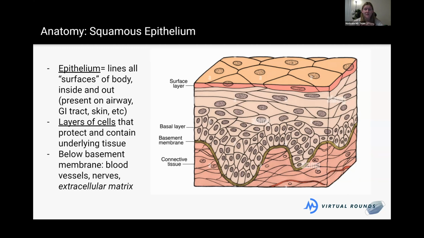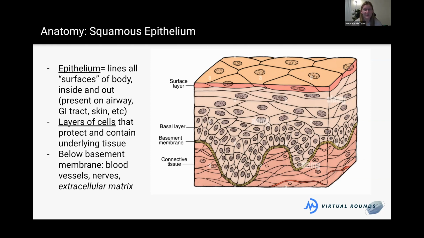So that includes all of our skin, the mouth, the nose, the ears, your airway, breathing down into your lungs. All of your lungs is lined with epithelium. Your GI tract, so your esophagus, your stomach, intestines, and then rectum and anus, all are lined with epithelium.